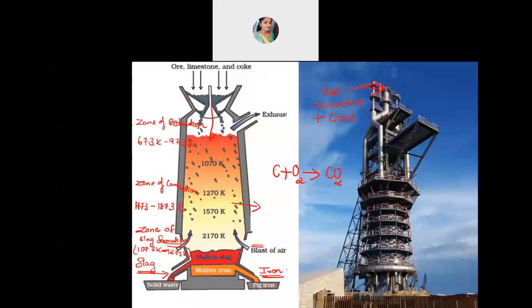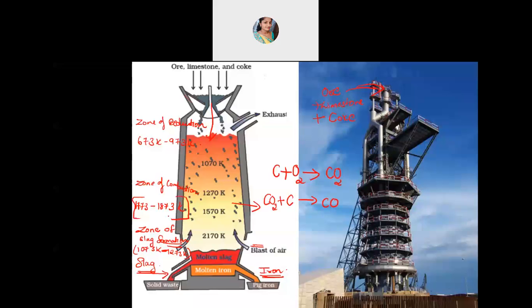When this carbon dioxide moves up, because from the upper region the ore, limestone and coke are continuously fed from the top, it will react with the coke again and form carbon monoxide. So this happens at the zone of combustion, at this temperature range.